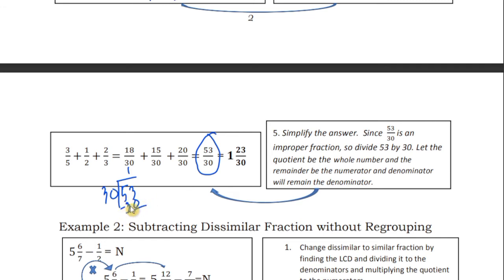Subtract 30 from 53, so we have here 23. Then we have 23 is less than 30 as our denominator or our divisor. So therefore we have quotient 1. Then the remainder is 23 over 30. So the mixed fraction now is 1 and 23 over 30. Okay?